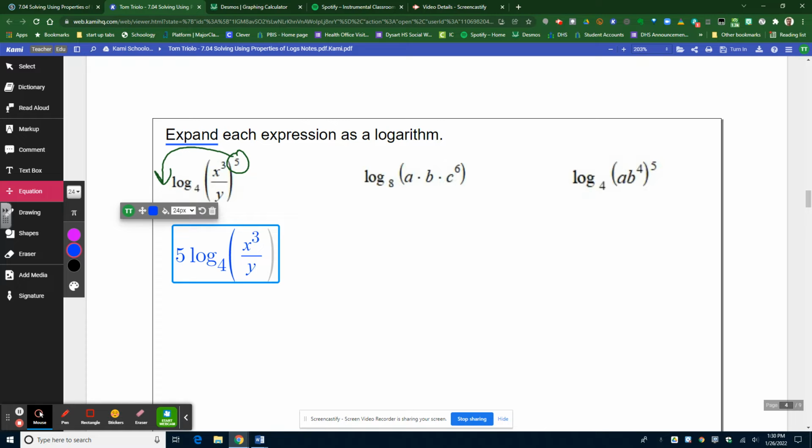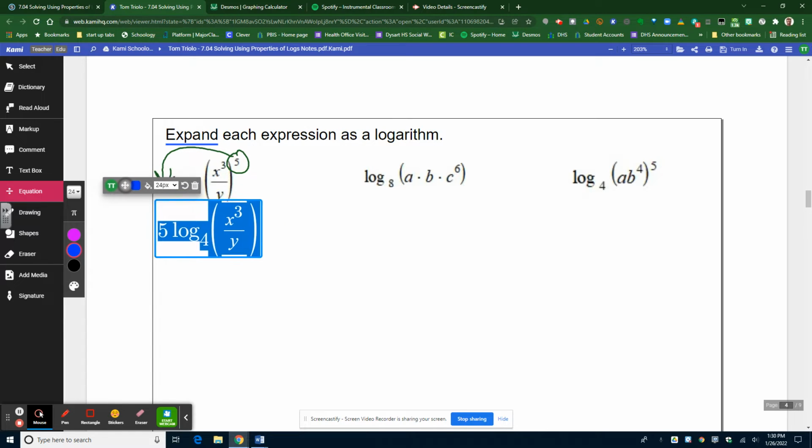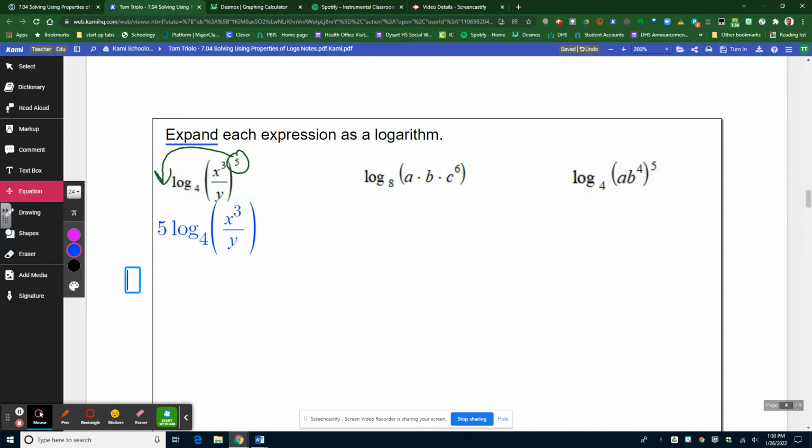Step number 2. We're now going to expand it into multiple logarithms. So I'm going to do Control A, Control C, go down here, Control V, and I'd move it a little bit to the left because it's going to get a little longer. We're going to change our quotient. So our quotient rule says if I want to expand it, I change division to subtraction. So beep up right here.